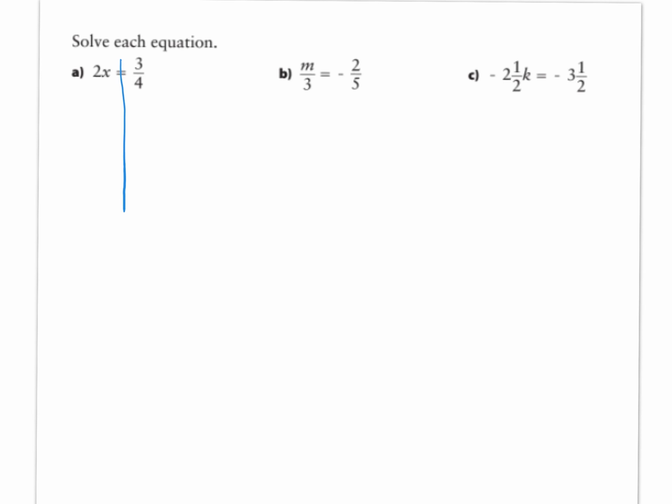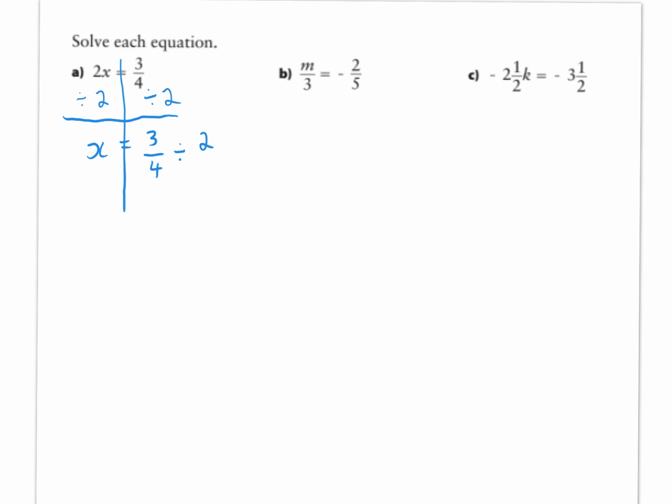And this is 2 times x equals 3/4. So I'm going to divide both sides by 2. Divide by 2. Divide by 2. And then we get x equals whatever the answer is when we divide 3/4 by 2.